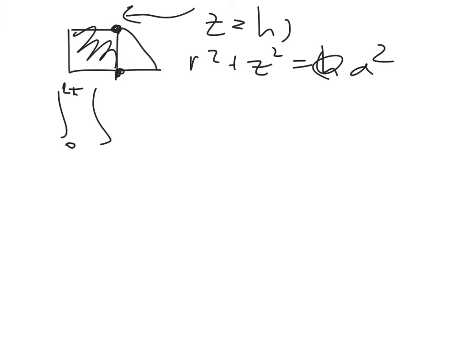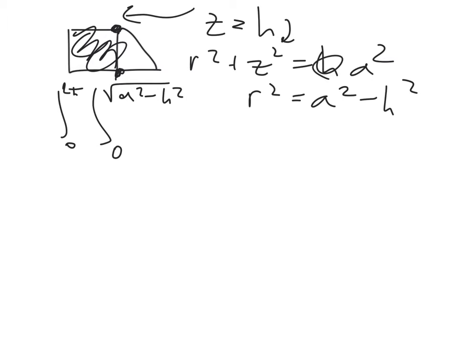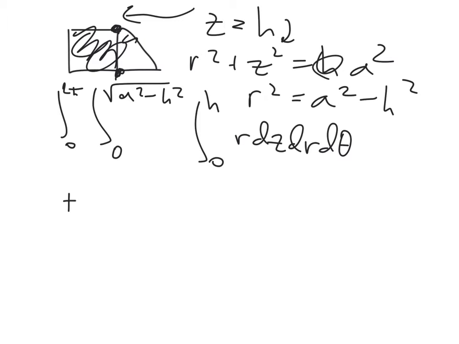And so I can plug in that h, and I get r squared equals a squared minus h squared. So if I'm thinking about this box, I'm going from 0 to the square root of a squared minus h squared. And then z on that box is just going from 0 to h, r dz dr d theta. And then plus this other part.